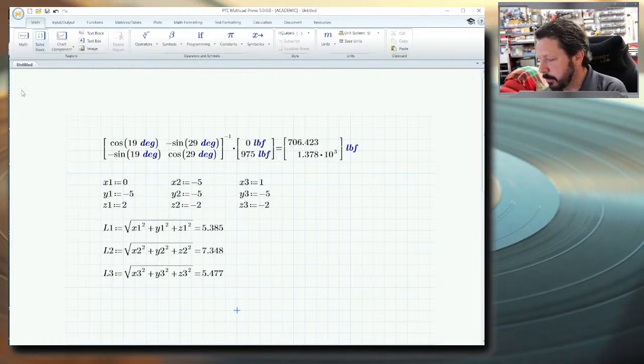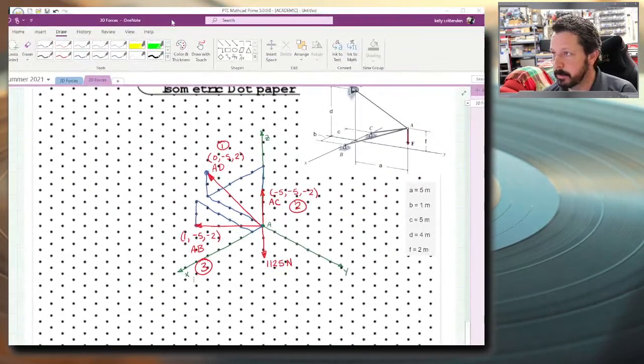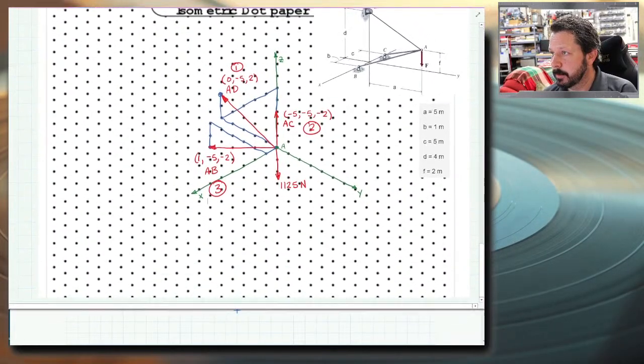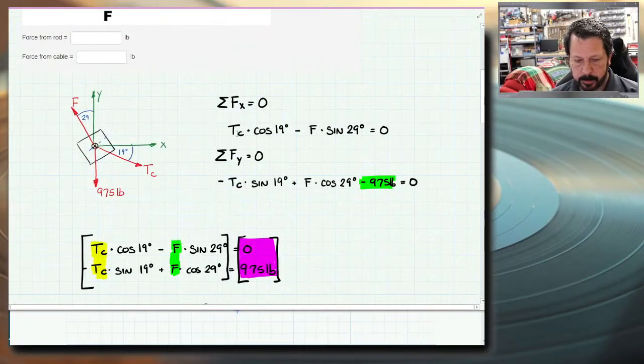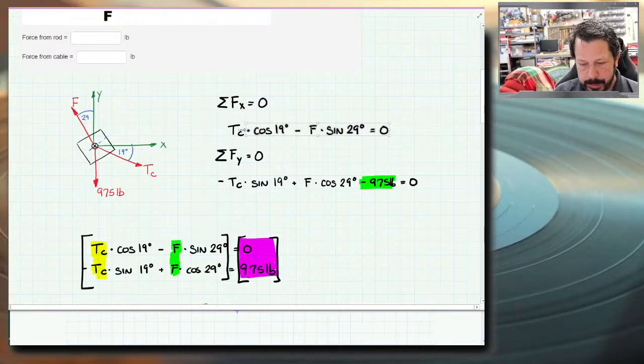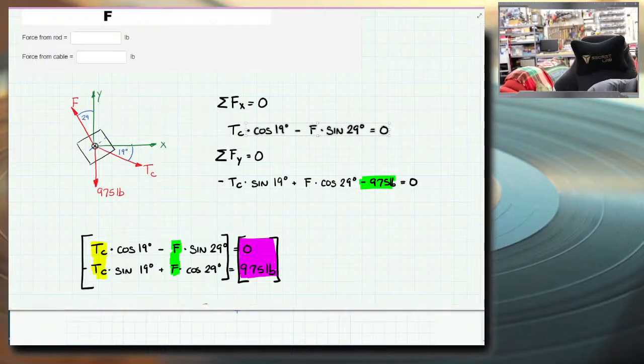So let's go back temporarily to here. Find my cursor. Here we go. When we wrote this equation, we did the x components of all the forces. We need to do the same type of thing. But here, cosine of 19 degrees, we did that to get this component right here, the TC x component.